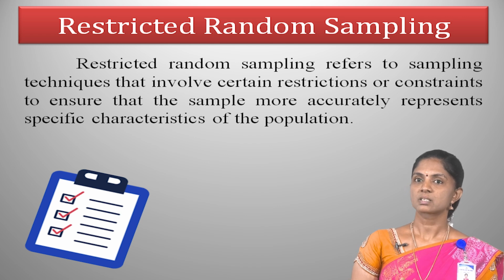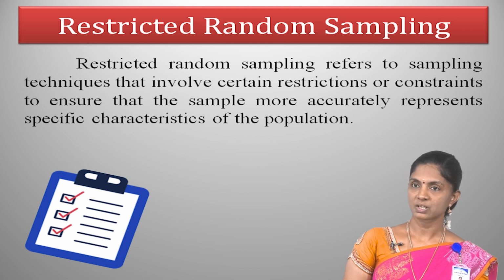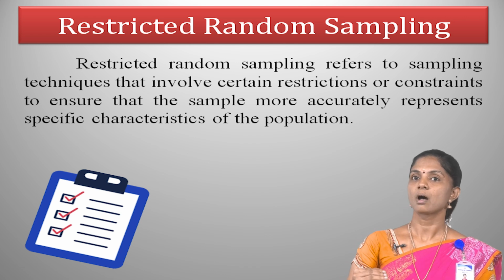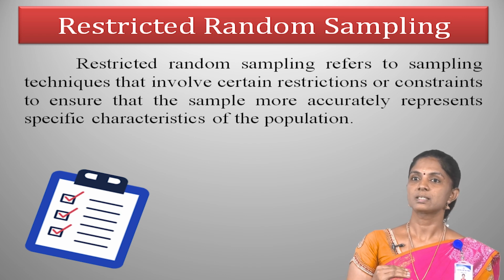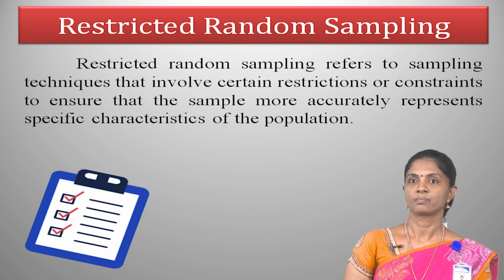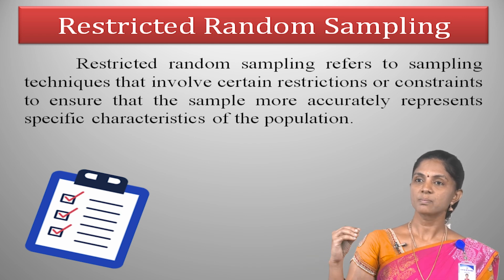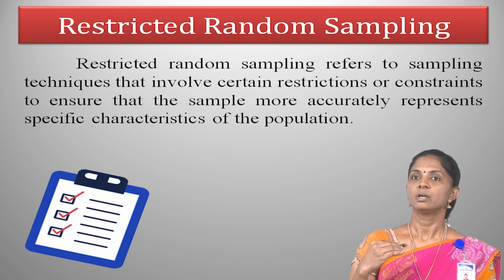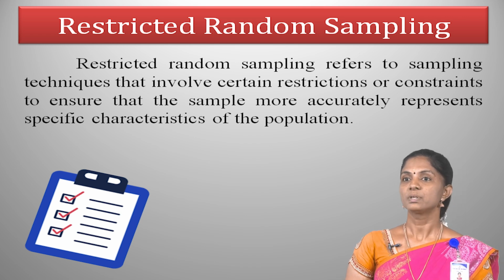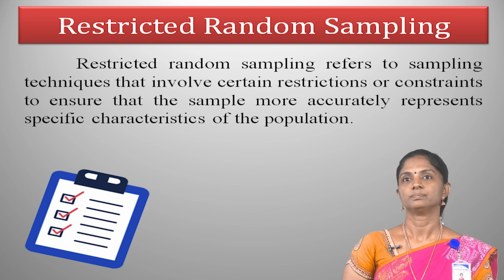These methods still involve random selection but include additional steps or rules to address particular research needs or constraints. Restricted random sampling helps improve the representativeness or precision of the sample.